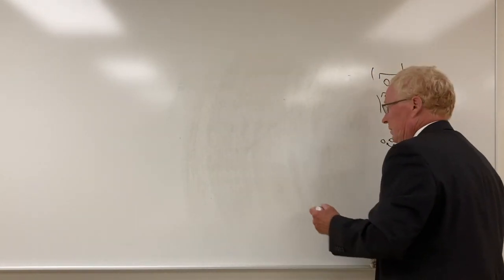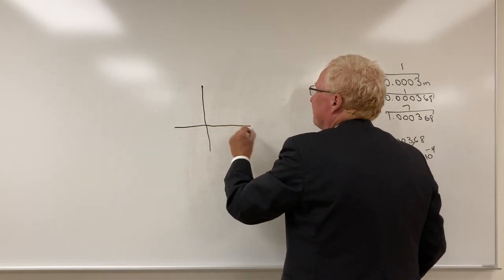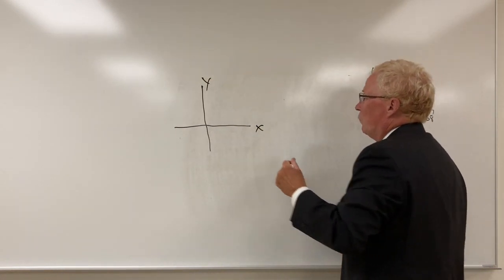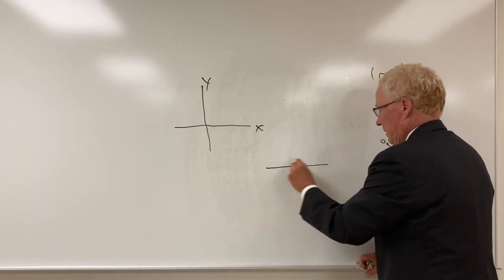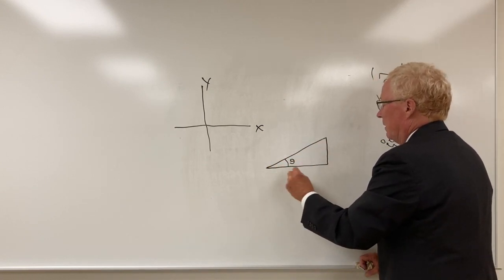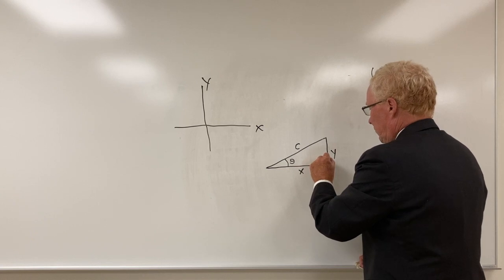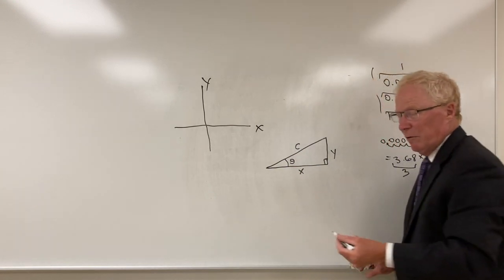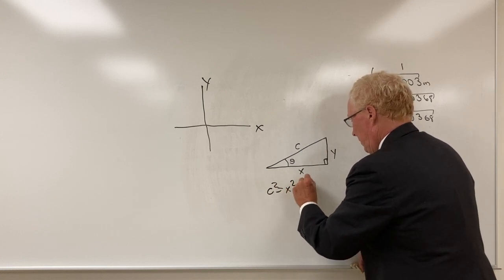And what that will mean is that we're going to be using our Cartesian coordinate system, x-axis, y-axis, and with that, if we have an angle, Greek letter theta, and this is x, y, and this is c, a right angled triangle, 90 degrees, then Pythagorean theorem: c squared is equal to x squared plus y squared.